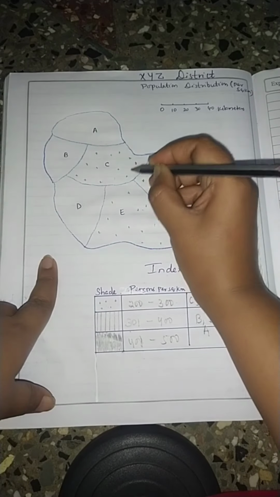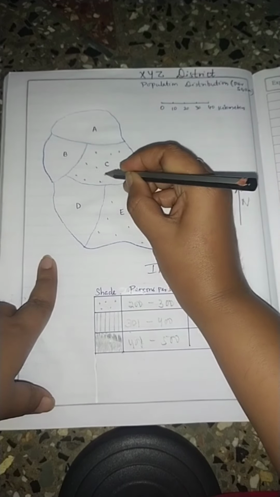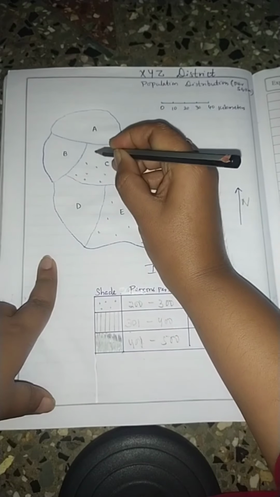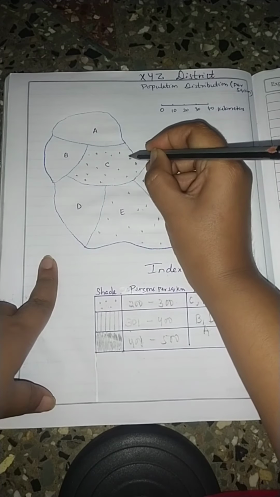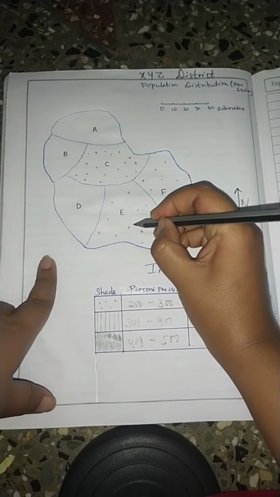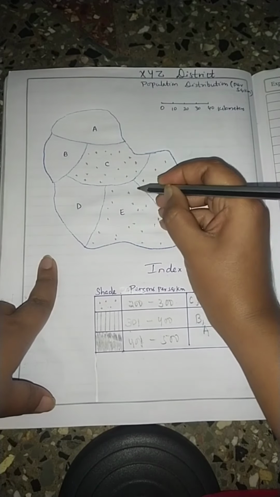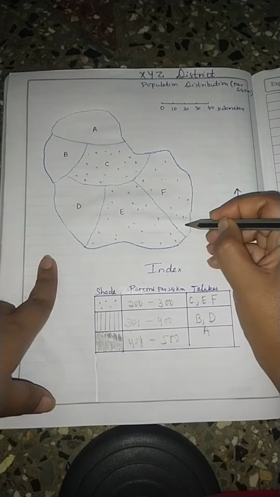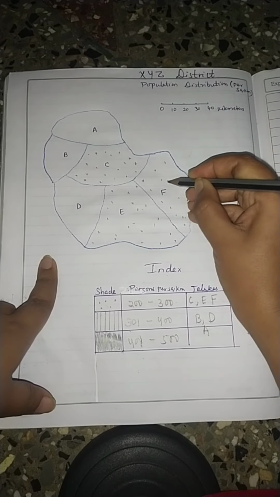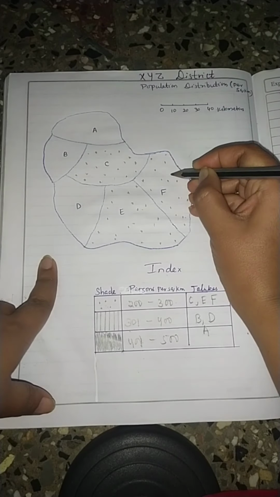But when you are preparing a choropleth map, you need not see whether there is a mountain or a transport area. You will use the same shading for the complete sub-administrative unit. Clear? You can see that I have given dots here.